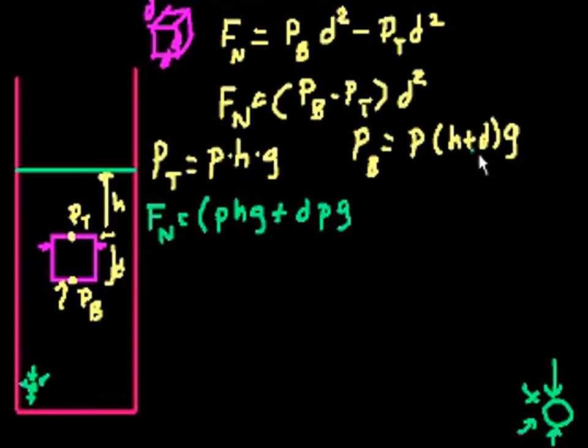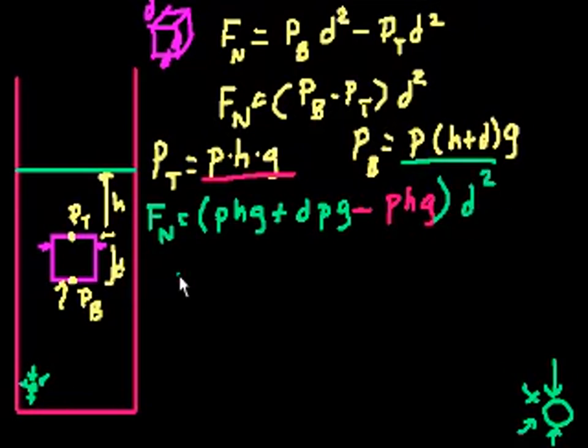I just distributed this out. That's the pressure at the bottom. And then minus the pressure at the top, minus rho h g. And then we learned it's all of that times d squared. Right? So immediately we see something cancels out. Rho h g, rho h g, subtract, cancels out.